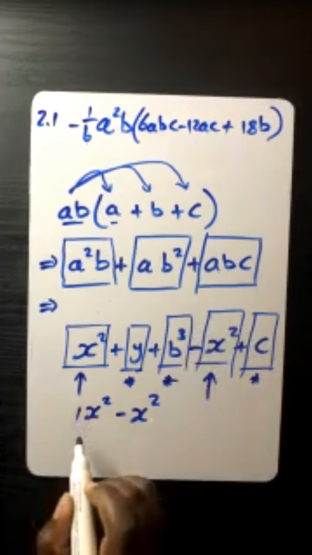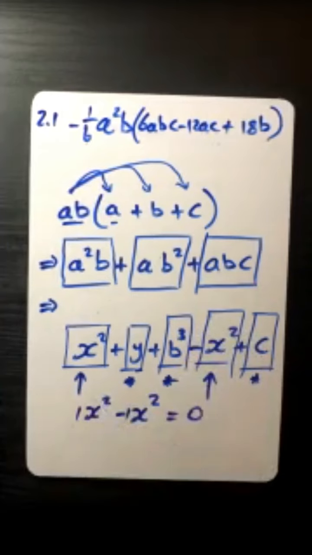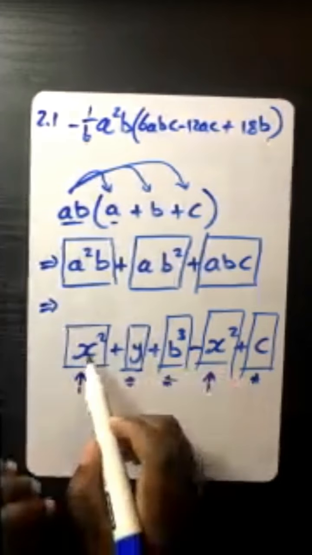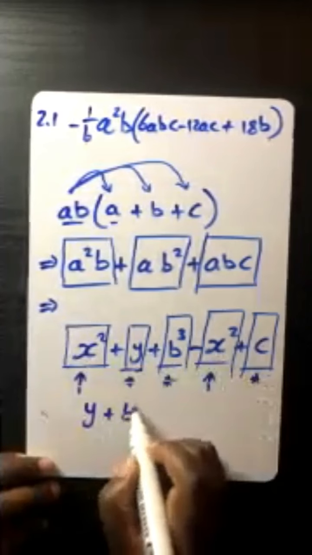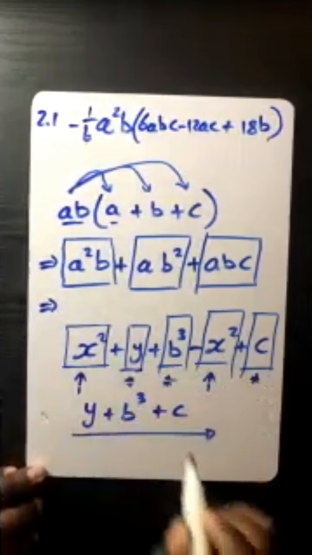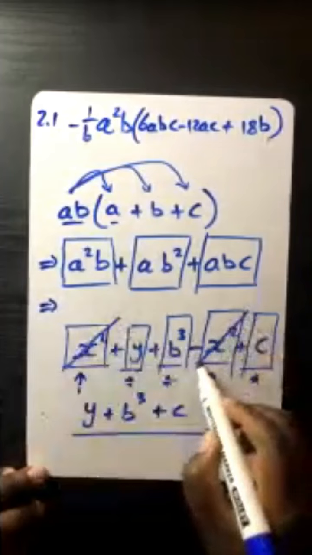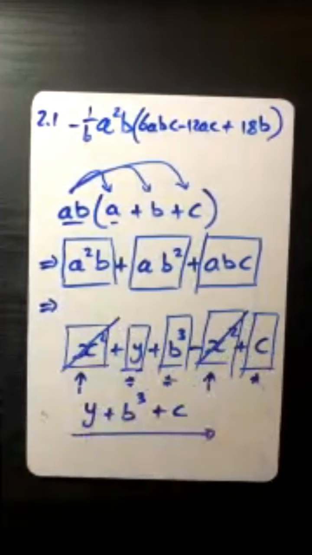So can you see it's 1 x squared minus 1 x squared, which is equals to 0. Yes, sir. So that is the reason why I'm saying it's this minus that is 0. So you are remaining with y plus b to the exponent 3 plus c. So this is the end of that expression. Why? Because this cancelled and you don't have any other like terms to work out that part.